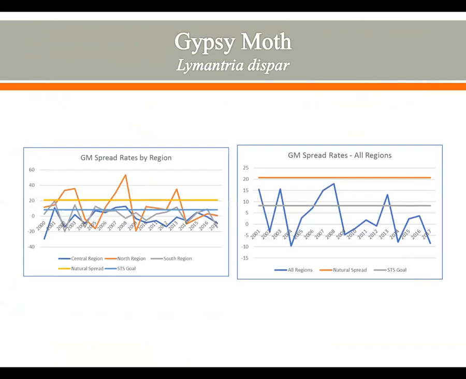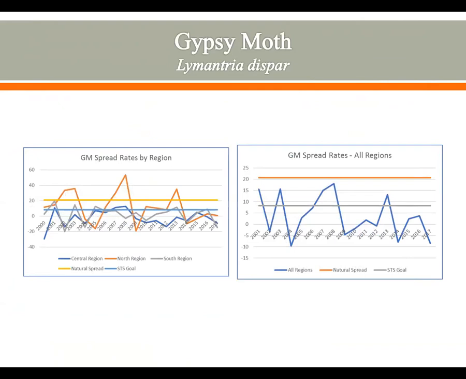A note I want to bring up is that in the years between 2005 and 2009, you'll see a spike in the spread rate upward. This was a time during which the federal government was in a big budget crunch, and our budget got whacked by about 40% in those years. We went from about 14 million down to 8 million in funding for the project.